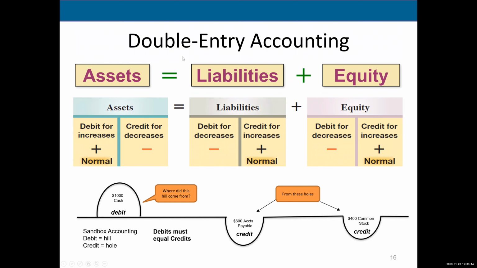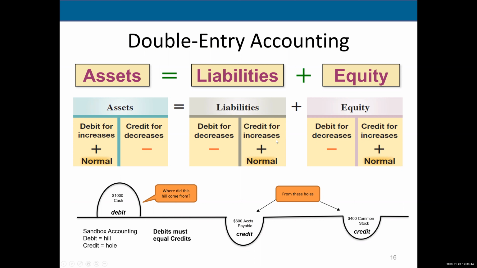Now, in traditional accounting, this is how they teach it to you. On this side of the equation, assets are increased with a debit. And if assets are increased with the debit, then they must decrease with the credit, okay? On this side of the equation, liabilities and equity are both increased with a credit, right?